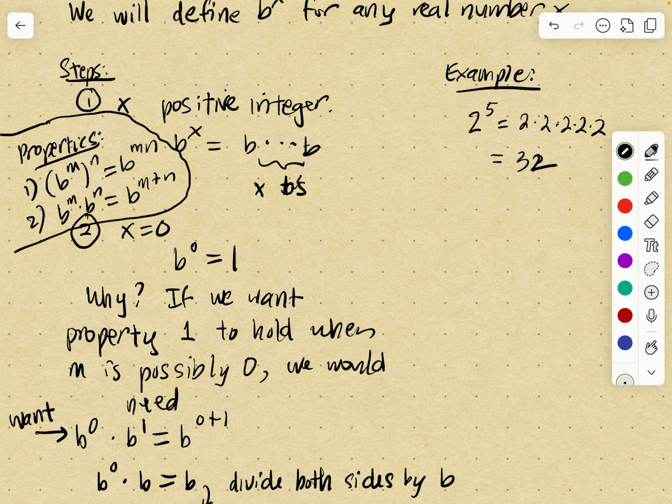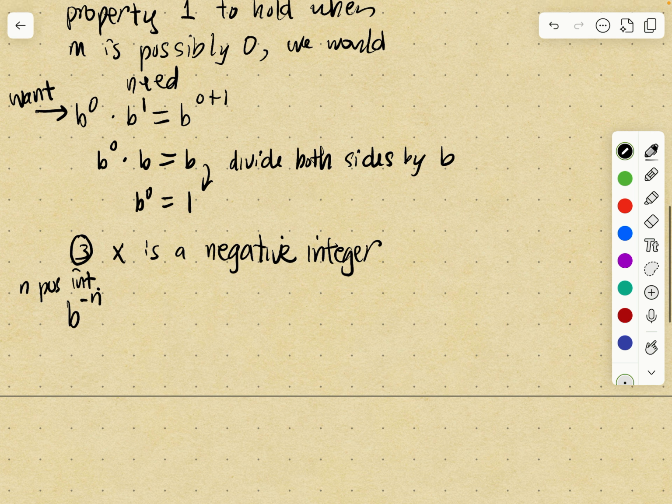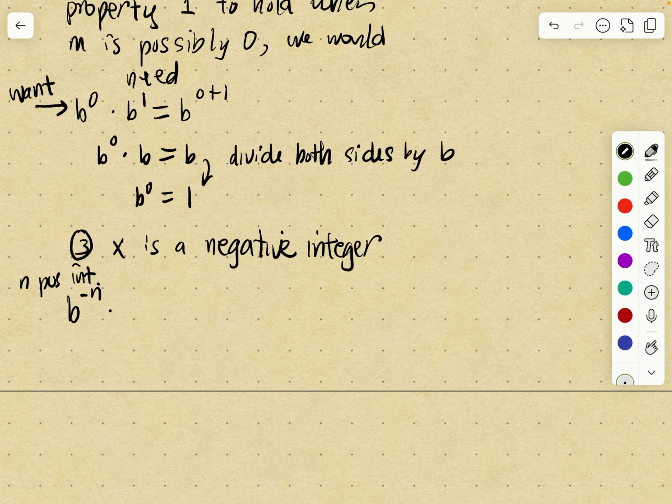Well, we know that b to the 0 power is defined to be 1. So if you have b to the n, let's think about what b to the minus n would have to be if b to the minus n times b to the n were equal to b to the minus n plus n. Well, negative n plus n is 0, and b to the 0 power is 1.